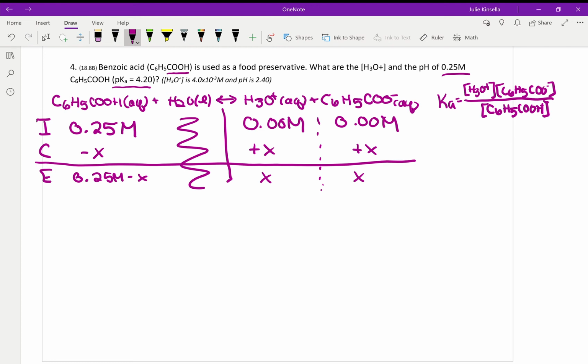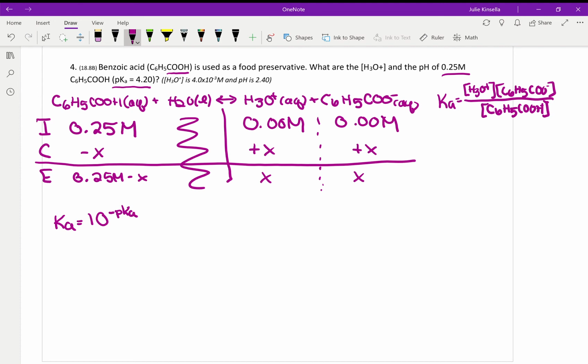So remember, in this case, we are going to use our Ka, or initially our pKa, in order to solve for this. Just remember back from last week, that our Ka, we can find from our pKa, just like how we find our hydronium ion concentration from our pH: we take 10 and raise it to the negative pKa.